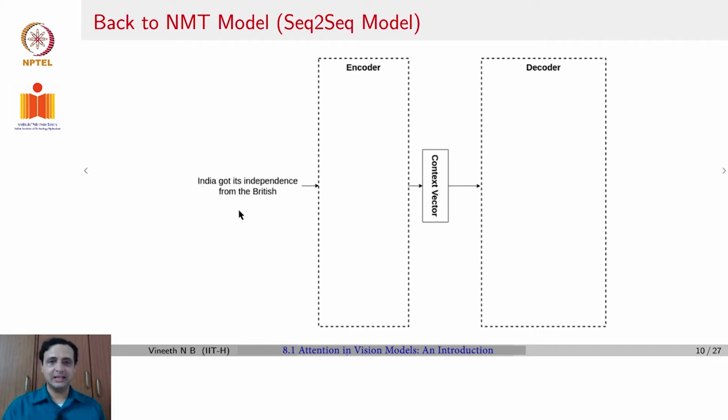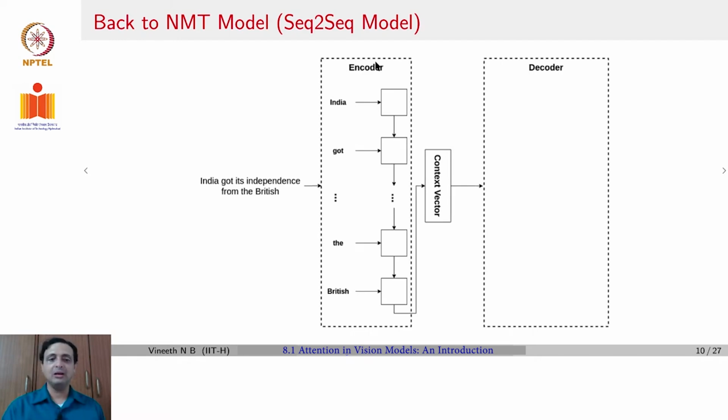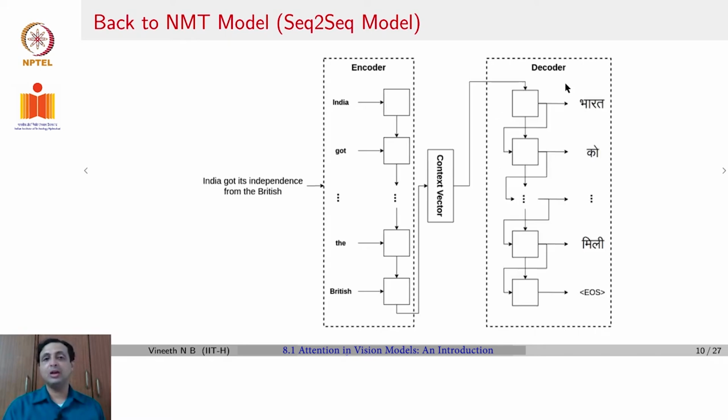So if you had an input sentence which says India got its independence from the British, let's say now that we want to translate this English sentence to Hindi, what you would do now is you would have an encoder network which would be a recurrent neural network, an RNN, where each word of your input sentence is given at one time step of the RNN, and the final output of the RNN would be what we call a context vector, and this context vector is fed into a decoder RNN which gives you the output which says Bharat ko, the rest of the sentence, mili, and then you have an end of sentence token.